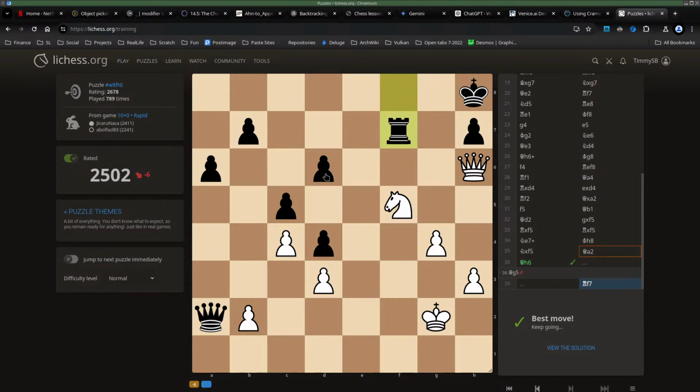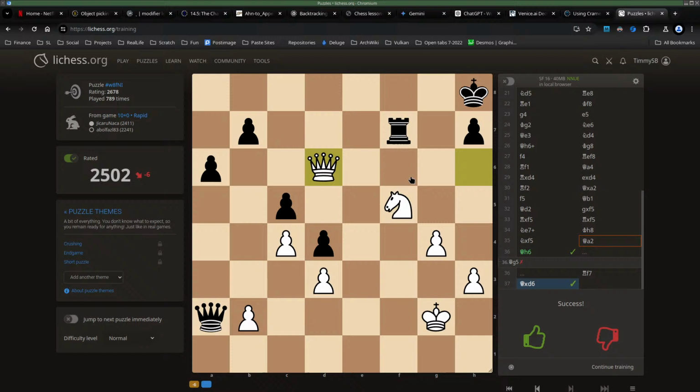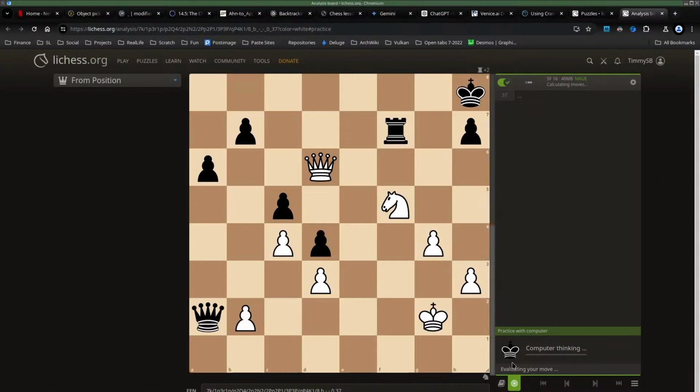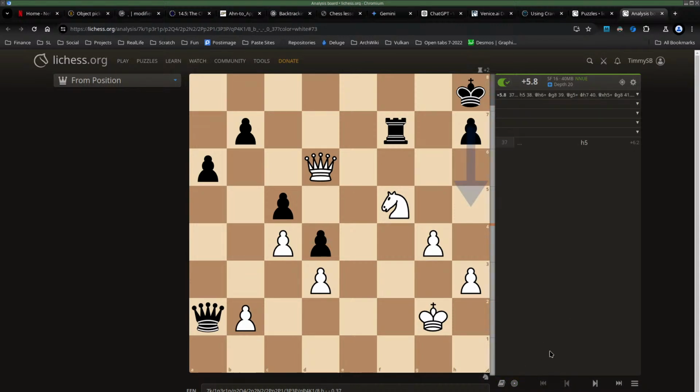And if the rook goes back, then we can do the mate threat from here. Here it is. Can't go back.